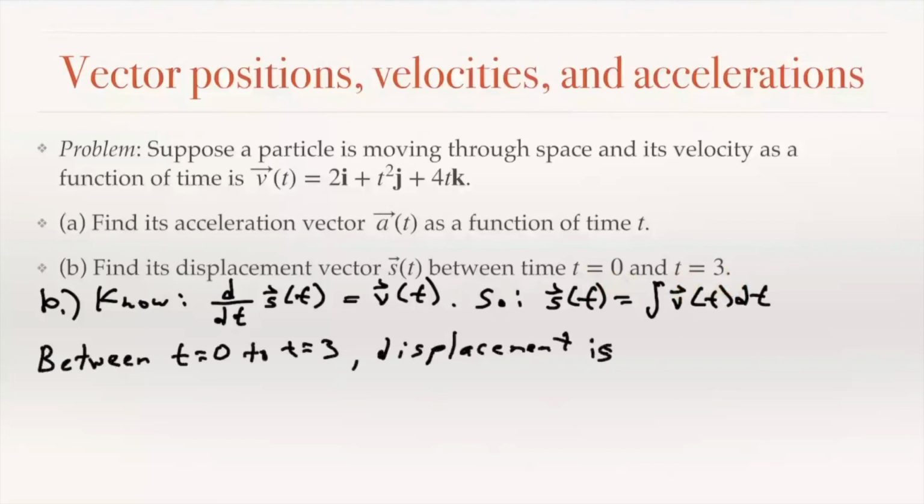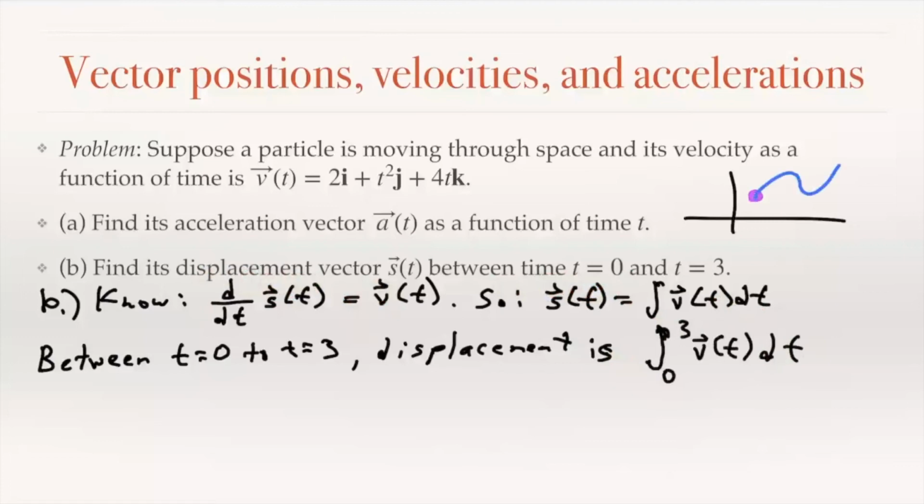So the displacement between t equals 0 and t equals 3 will be the integral from 0 to 3 of v of t dt. This is what we need to evaluate to find the displacement of the particle between those two times. Let me draw a picture. Here is our particle. Let's suppose that it moves like this.